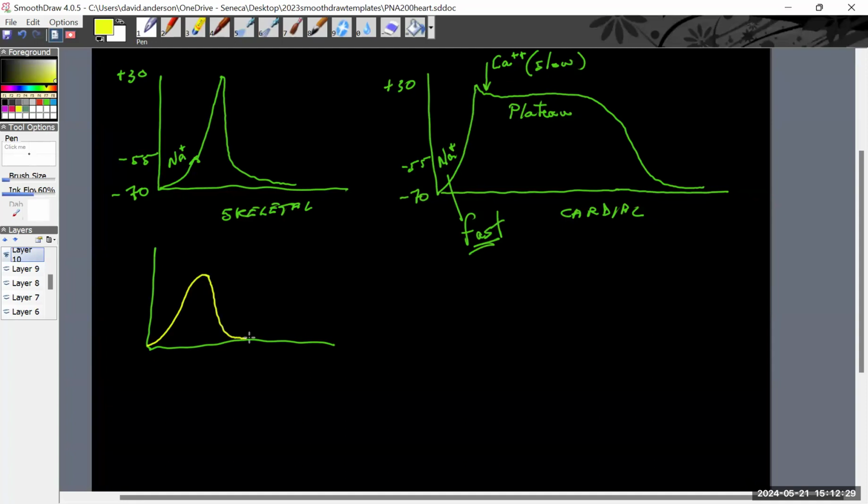That's what our contraction would look like. In cardiac muscle, because of the plateau, the contraction time is going to last longer. So cardiac muscle has a longer contraction phase, and that becomes important in the functioning of cardiac muscle tissue.